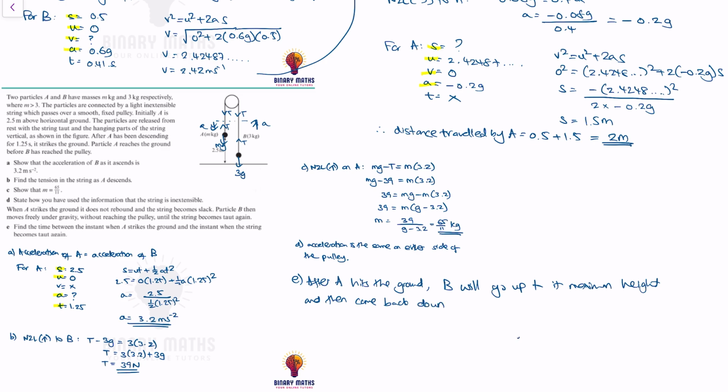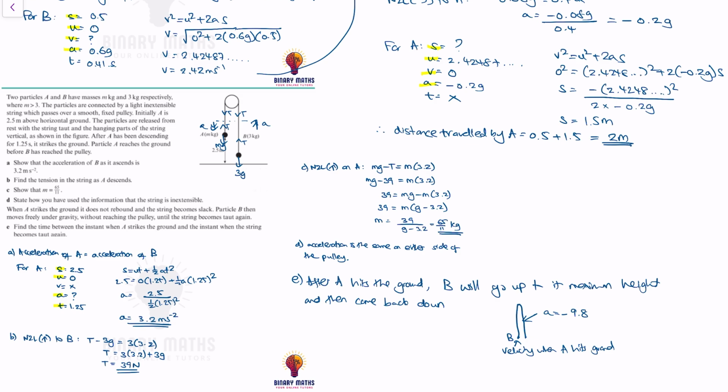So what we need to think about is we need to find the velocity after A hits the ground. At this point, when A hits the ground, the acceleration after that point will be acting with gravity. So it will be pulled down by gravity, so acceleration will be equal to minus 9.8.